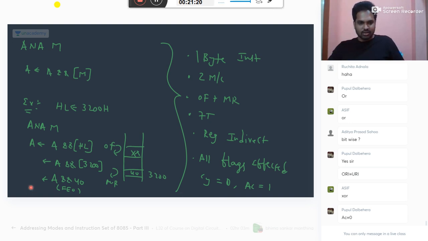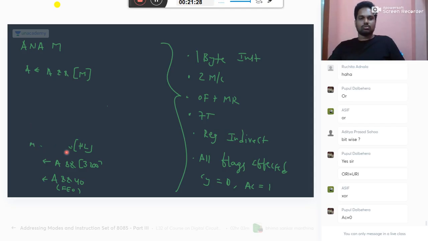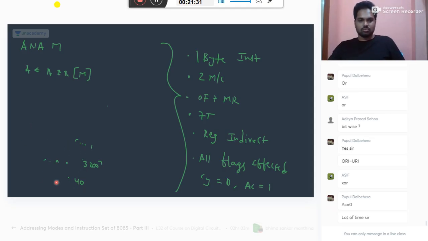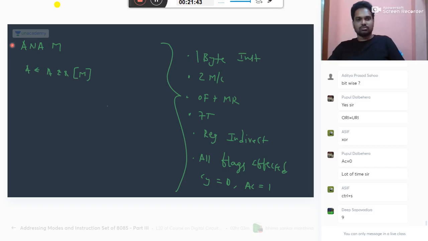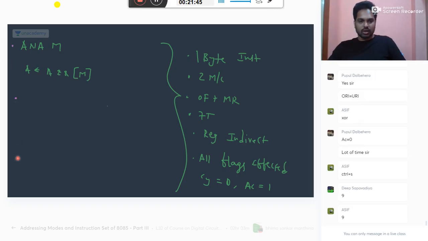You can OR the accumulator with a memory location, and the other instruction you have is XOR the accumulator with a memory location. A equal to A XOR content of memory location. A equal to A OR content of memory location. Same story, auxiliary carry is 0. So that is about your first group of logical operations.